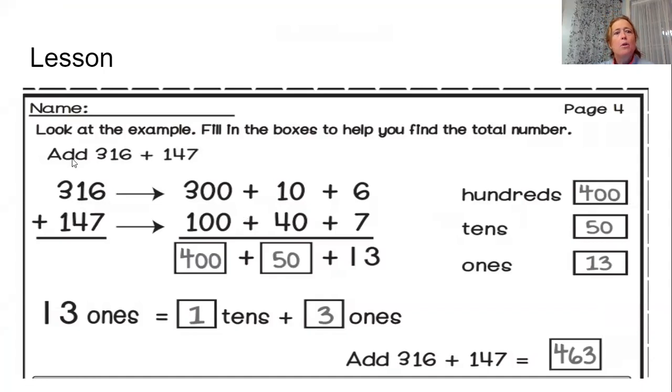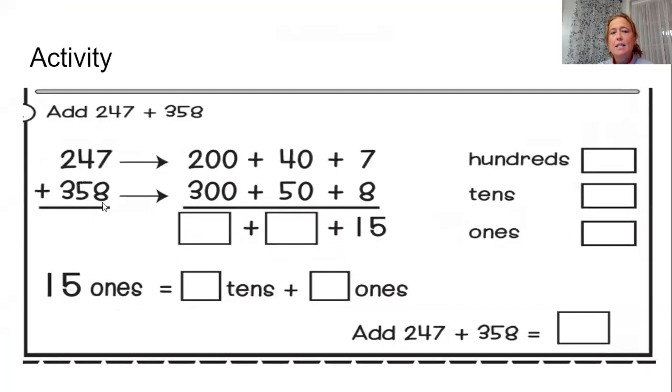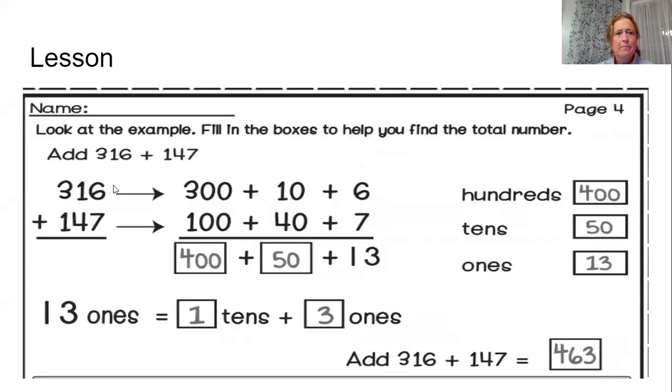All right, so we're adding 316 plus 147, and 316 in expanded form is 300 plus 10 plus 6, because the 3 is in the hundreds place, the 1 is in the tens place, and the 6 is in the ones place. In the number 147, it's like saying 100 plus 40 plus 7.